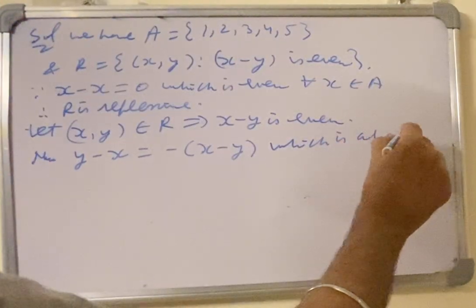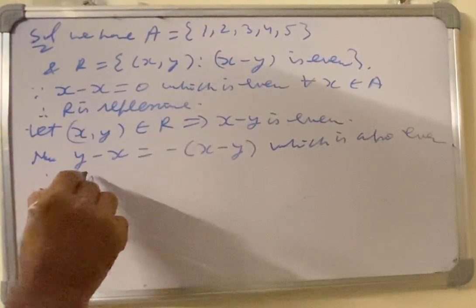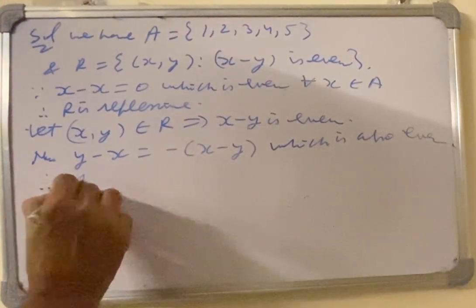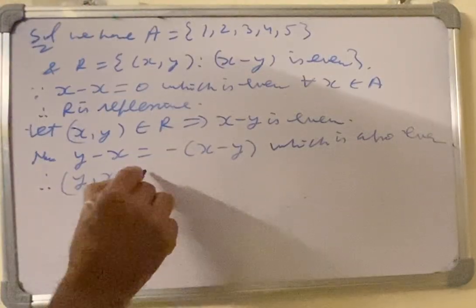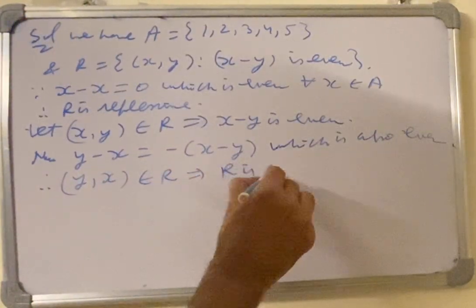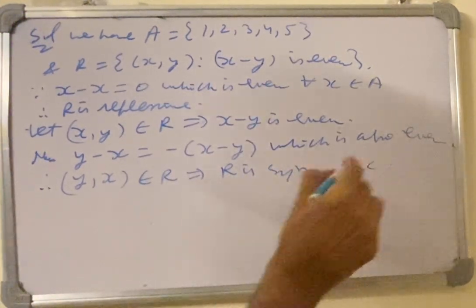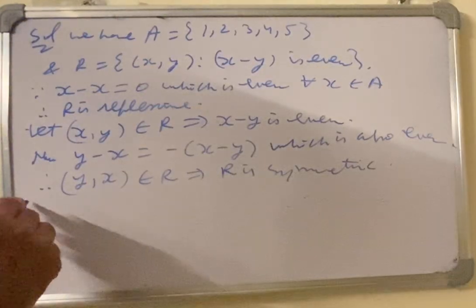Therefore, y, x belongs to R, then R is symmetric. R is a symmetric relation.